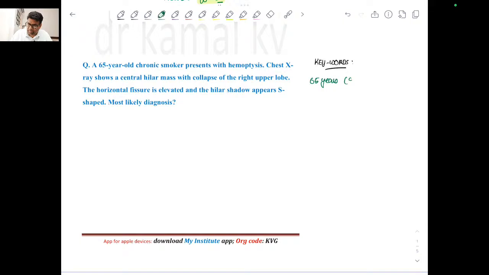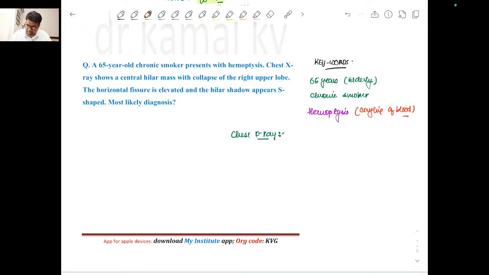65 years, it means elderly patient, chronic smoker, and then presenting with hemoptysis. Hemoptysis means coughing of blood. So the patient is coughing and the blood is coming out. So that is hemoptysis. Now chest X-ray, what is it showing?